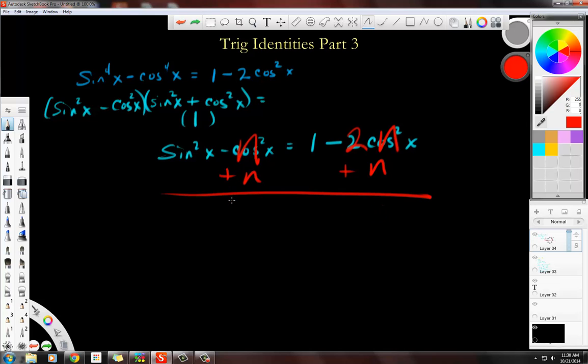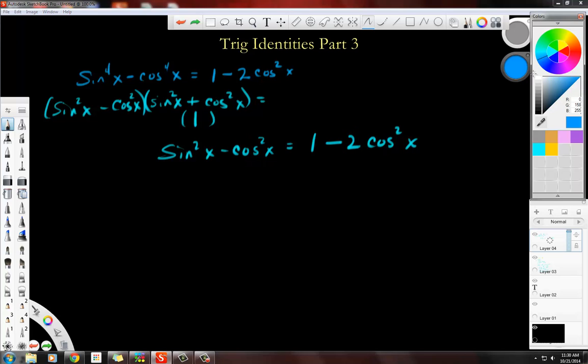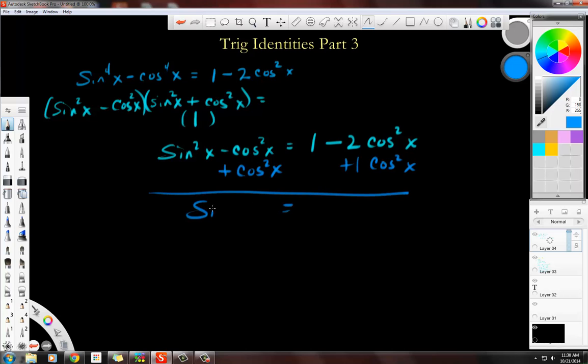Well, let me back up and do that whole idea with these things. I'm going to add cosine squared x to both sides, because here I have 2 of them, and here I'm adding 1 of them, and I have sine squared x equals 1 minus cosine squared x.